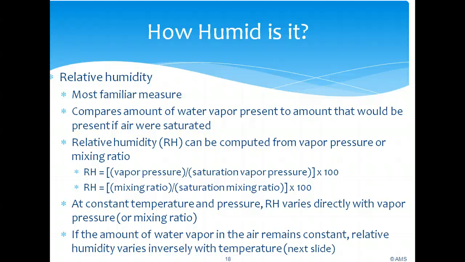The relative humidity is generally computed from either the vapor pressure or the mixing ratio, and we know that at a constant temperature and pressure, the relative humidity varies directly with the vapor pressure or the mixing ratio. As one increases, so does the other, and as one decreases, so does the other.